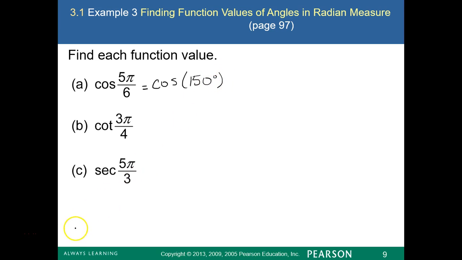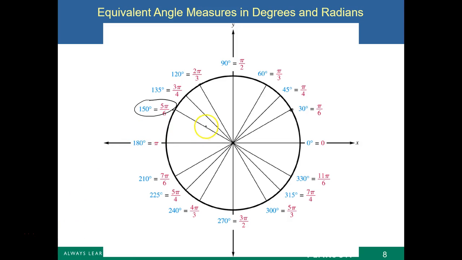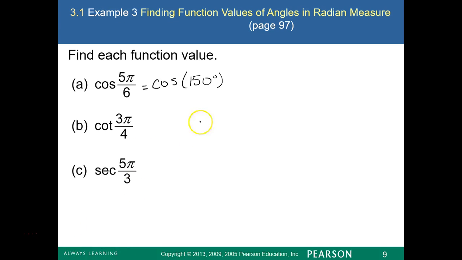And notice cosine is negative in that second quadrant. The reference angle to cosine would be right here. It's 30 degrees. So cosine of 30 is square root of 3 over 2. So this is going to be negative square root 3 over 2. And that's our solution on this one.